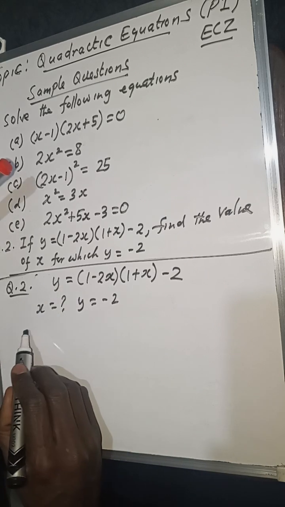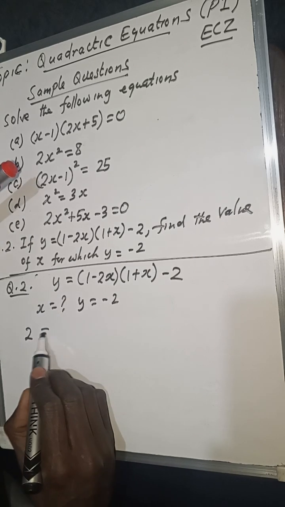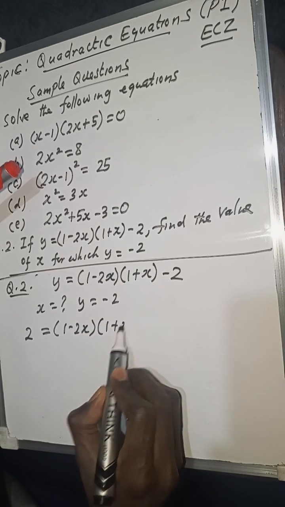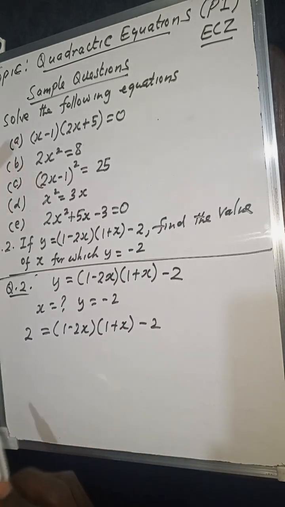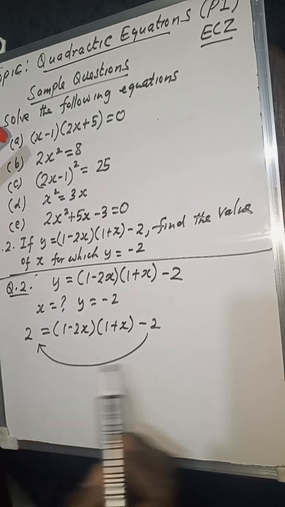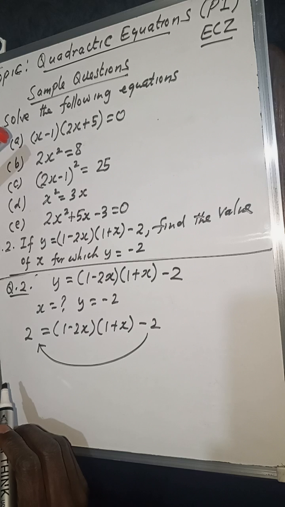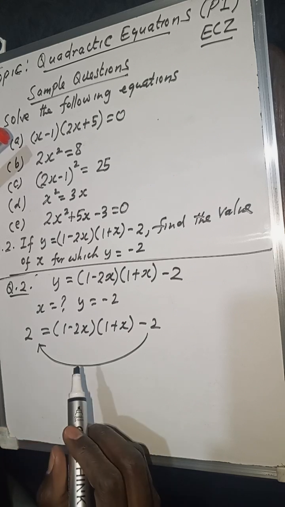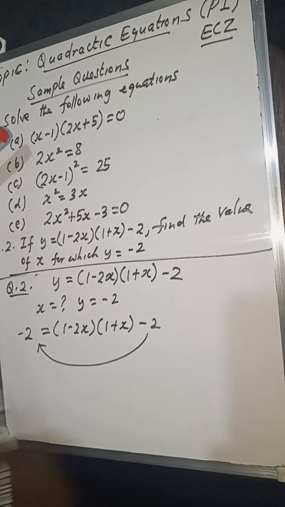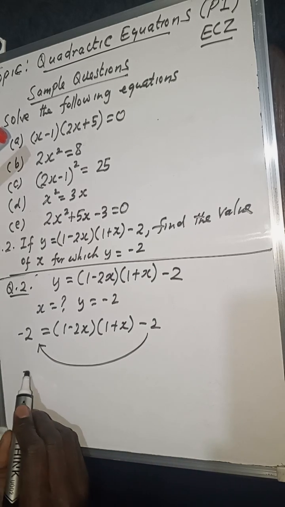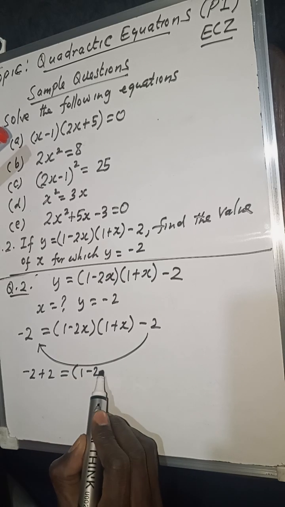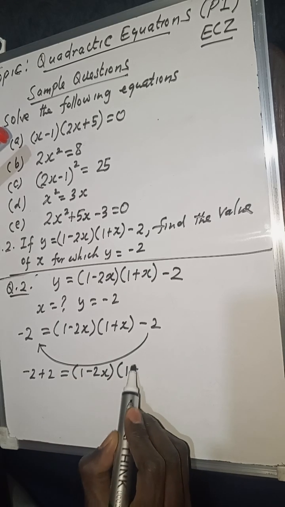Where there's y, you put negative 2, which is equal to 1 minus 2x, then 1 plus x, minus 2. Of course, I can take this one the other side. On this side, it's actually a negative 2, so when I take it the other side, it will be negative 2 plus 2, which is equal to 1 minus 2x, then 1 plus x.